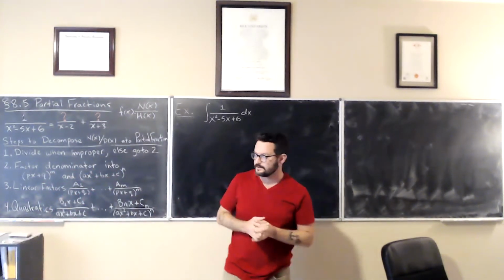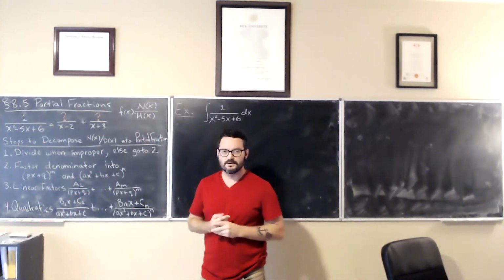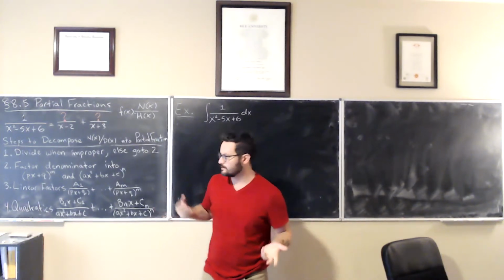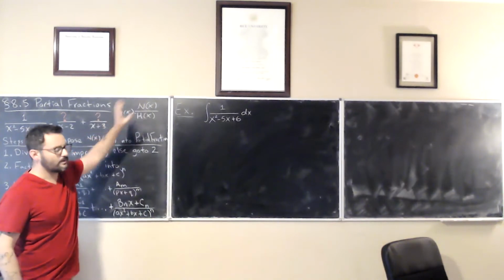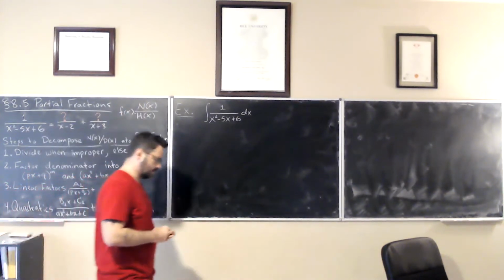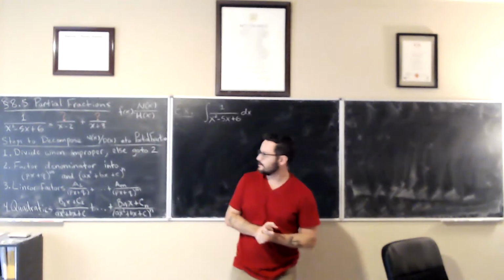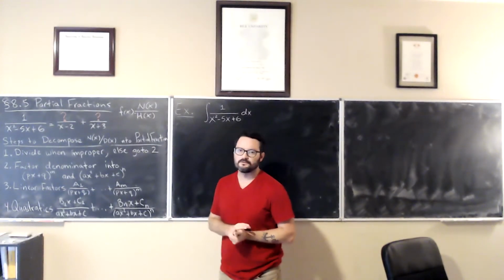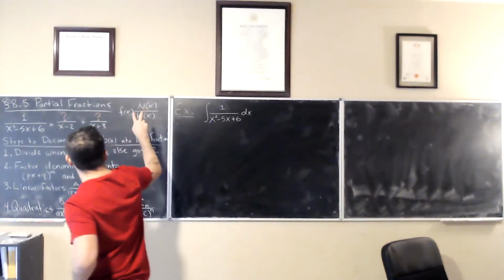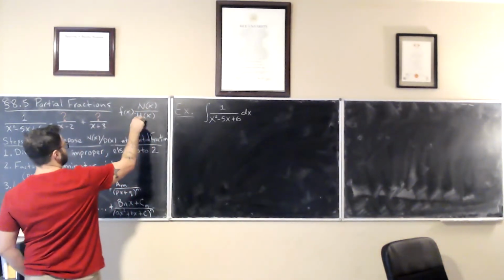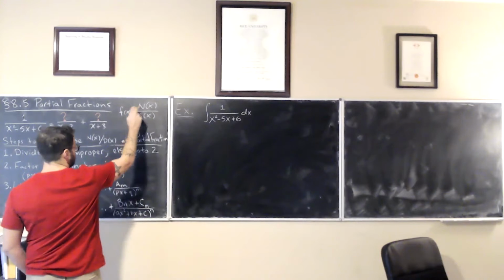In that case, you can use polynomial long division to simplify and write it as a polynomial plus a proper rational function. And by proper, I mean that the degree of the polynomial in the denominator is greater than the degree of the polynomial in the numerator.